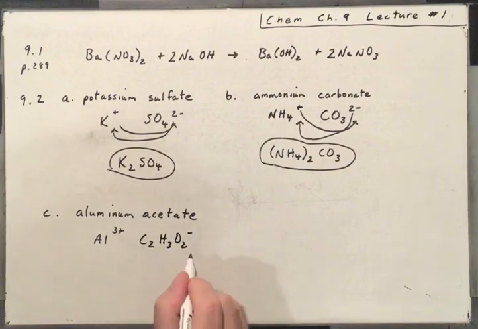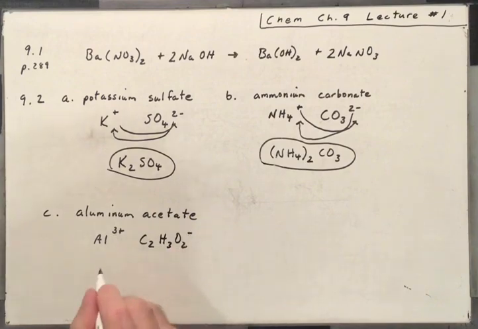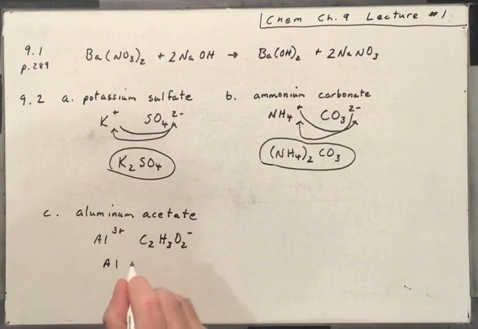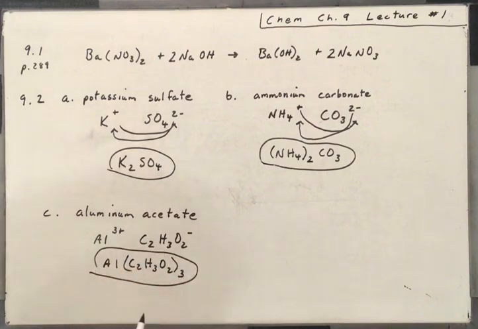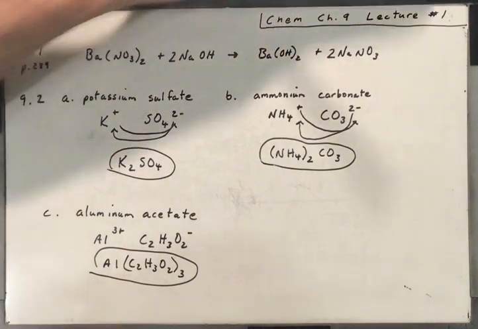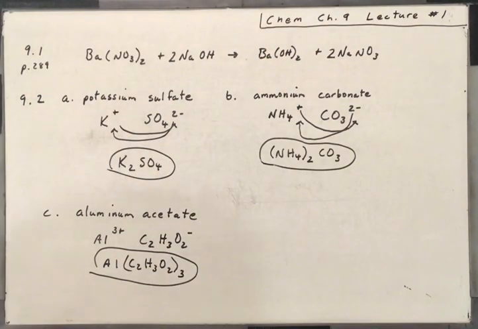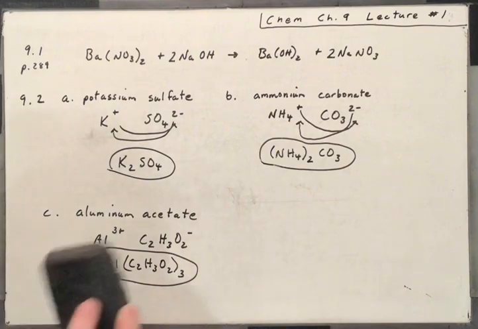Then we're going to move that 3 down here and move that 1 down here. So we have Al, C2H3O2, 3. All right, so just like we did in Chapter 8, except this time we're dealing with polyatomic ions. All right, go ahead and pause the video if you need to finish writing that.